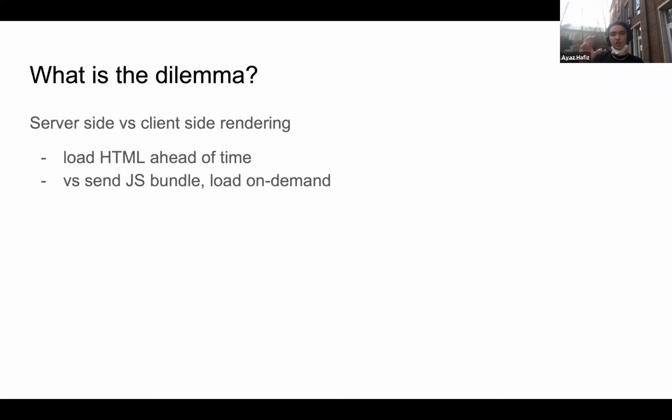And so now you have this question of, okay, well, should I figure out what my entire page looks like ahead of time, figure out what all the HTML content is on the server side, and ship that over to my user, or should I let them do the majority of the work?